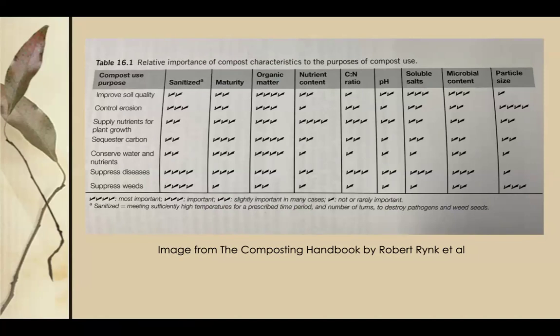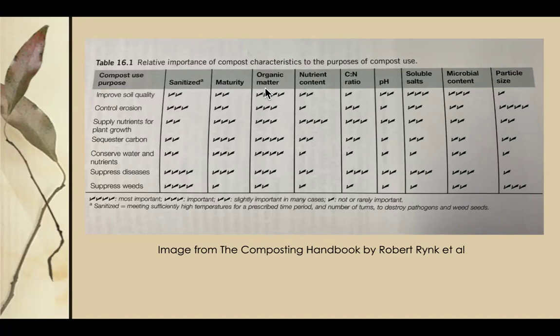But before we get into that, we're going to talk about the compost characteristics and how they relate to the uses that you're trying to make happen. Okay, so this is a really cool chart, I think, in showing how this compost use works. If you're using it for soil quality, for instance, some of these characteristics of compost just really don't matter so much. Like the C to N and the particle size, that's not going to matter so much as introducing more carbon.